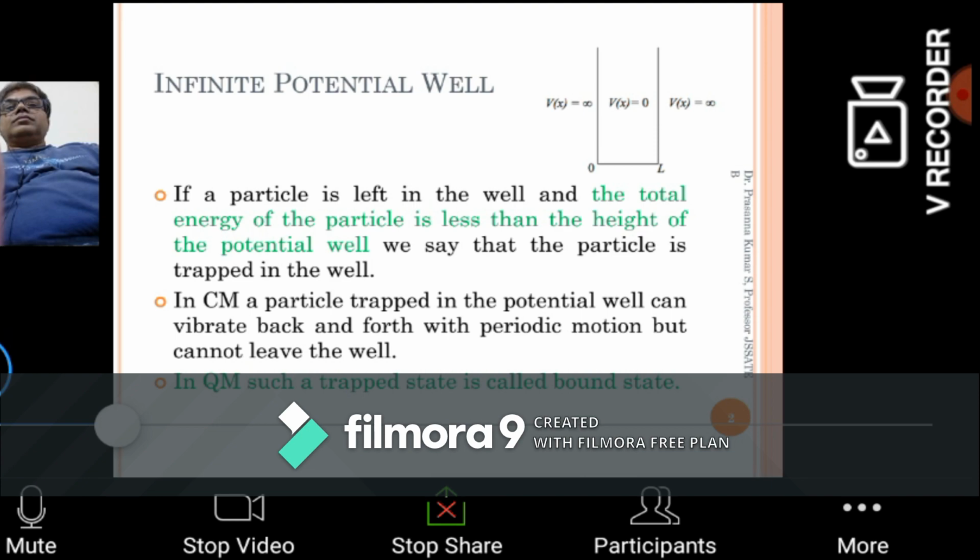In classical mechanics, a particle trapped in the potential well moves back and forth between the walls of the well and remains there only. In quantum mechanics, this trapped state of the particle is called the bound state. Any particle that is tightly bound to the nucleus is said to be in a potential well of infinite height.